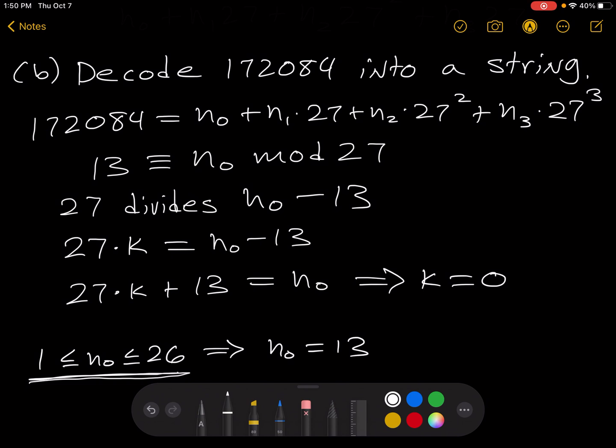Now, what would happen if k was positive? If k was, say, 1, then we'd have 27 plus 13 is n0. Well, that's bigger than a number in this range. So that means k cannot be positive. So k cannot be negative, k cannot be positive. So there's only one other integer that k could possibly be. It's got to be 0. All right, so because n0 is a number between 1 and 26 inclusive, we must conclude that n0 equals 13.